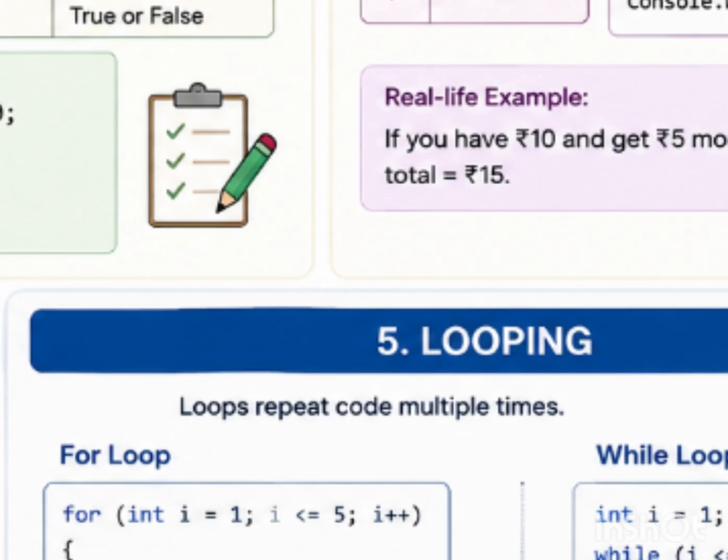Again the increment will happen, 3 will come, 3 <= 5, yes, 3 will print. 4 <= 5, yes, it will print. 5 <= 5, yes, it will print. Next the number is 6, and 6 <= 5, no, right? Then it will come out of this loop.